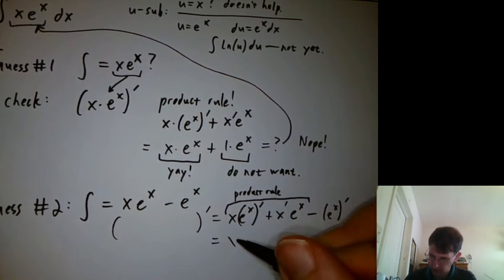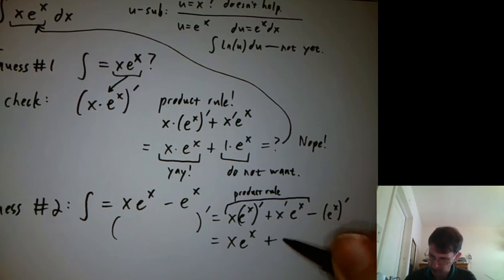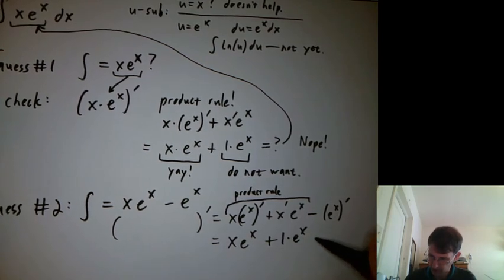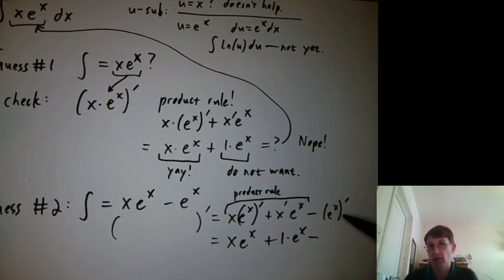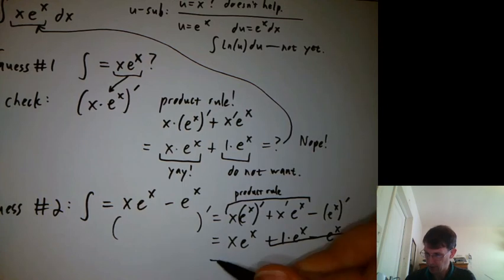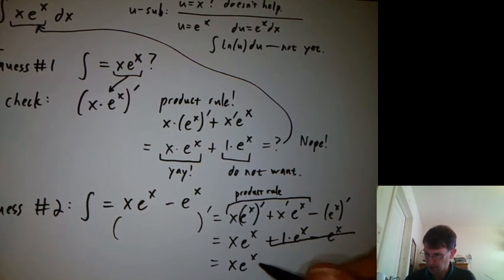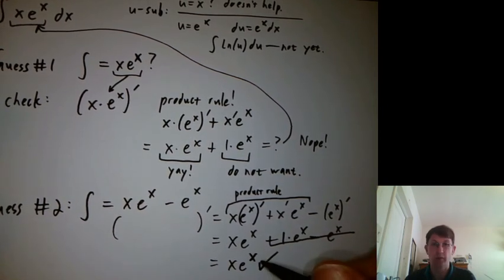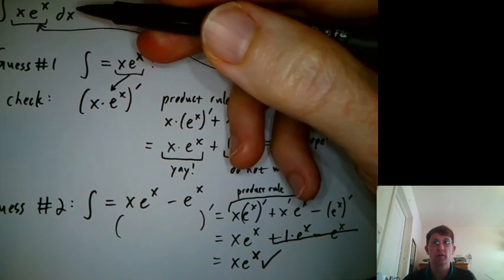And what do we get? X e to the x plus 1 e to the x minus, that's just e to the x. And these things end up canceling. And we get exactly what we wanted to get, what we first started with up here.